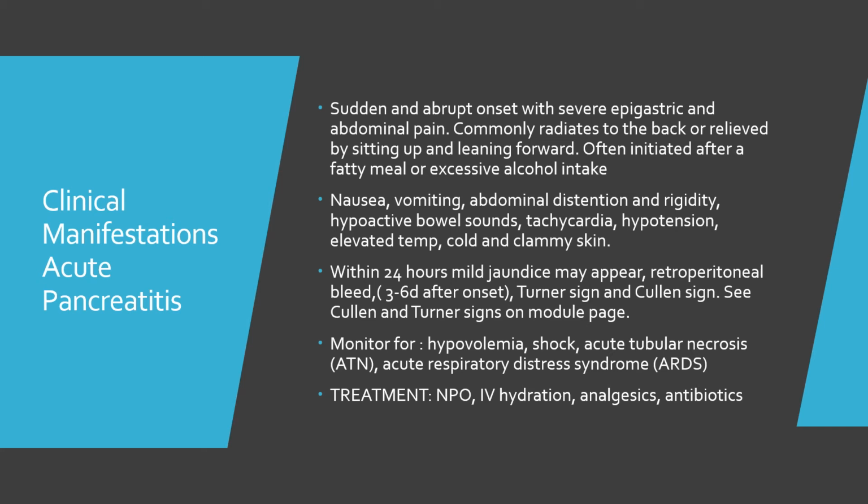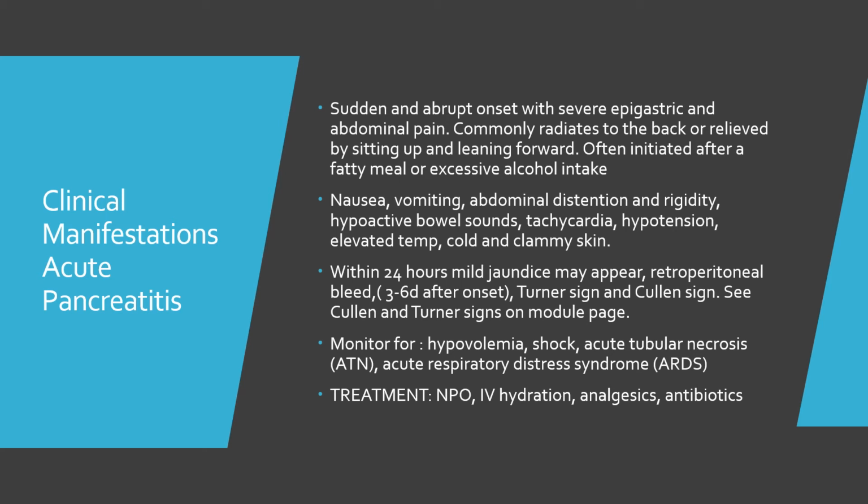It often radiates to the back and can be relieved when the patient sits forward. It often occurs after the patient has eaten a very high-fat meal or has had a lot of alcohol. The patient will have nausea, vomiting, abdominal distension, hypoactive bowel sounds. They can be tachycardic and hypotensive, an elevated temp, cold, clammy skin. Within 24 hours, we can see a mild jaundice.